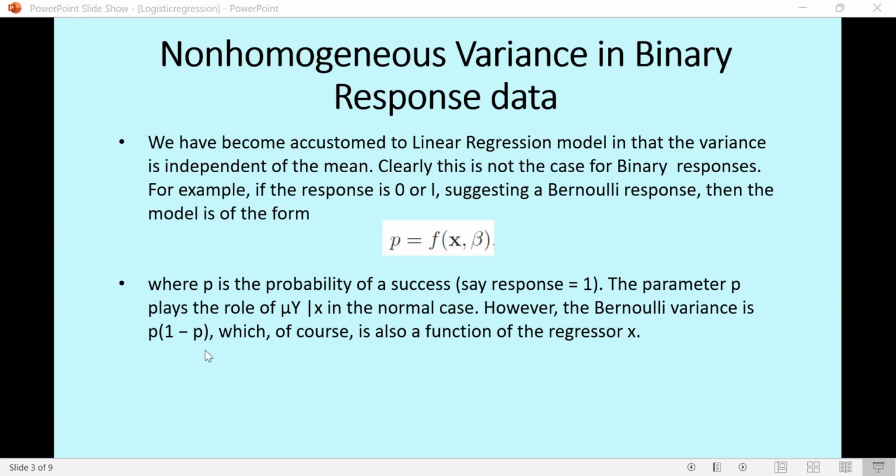Because p is a function of x, this part is also a function of x. So the variance is not constant in terms of x, right? That's why we cannot use linear regression to model the binary response case.